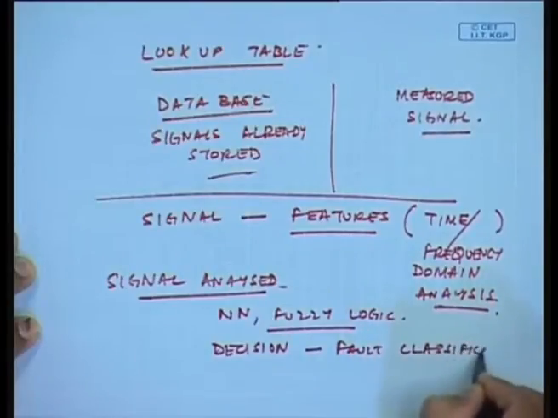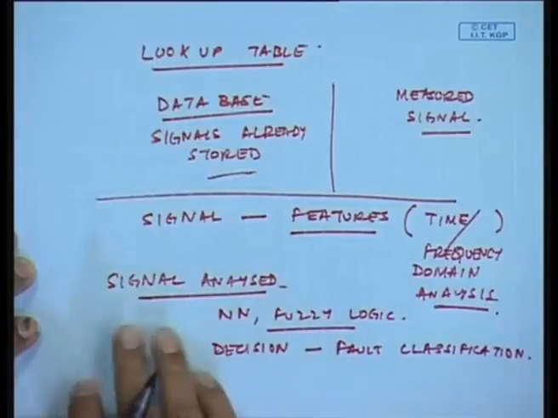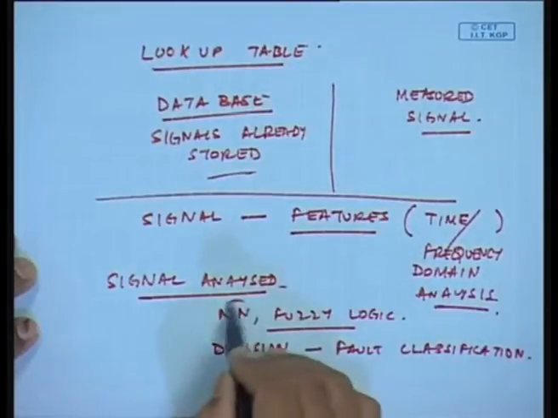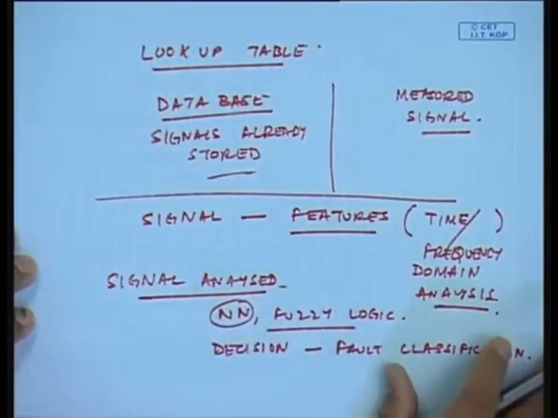By fault classification I mean whether faults are of two different types, one severe and one normal, or one which we can live with. Such decisions can be made by neural network systems, and I will give you an example of how this kind of study can be done for different machines. We have a case study for a cutting tool monitoring situation, which I am going to tell.